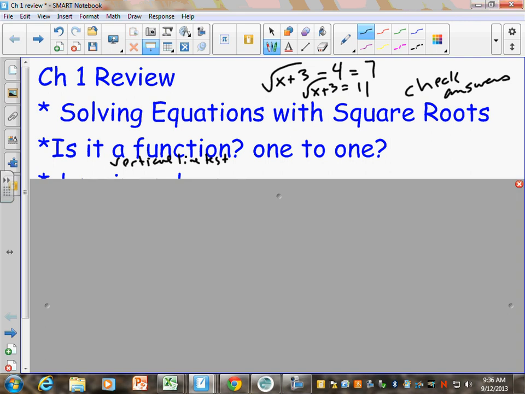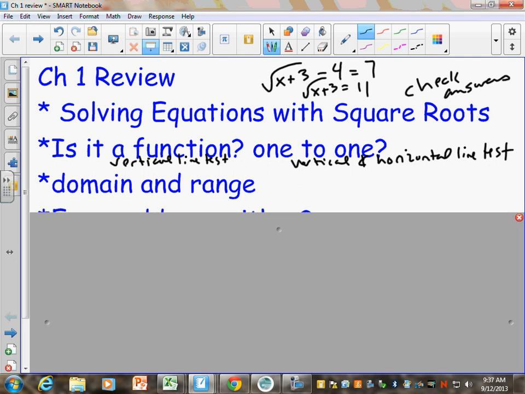That means it passes both the vertical and the horizontal line test, and it means that the inverse is also a function. So I'm just going to put vertical and horizontal line test. And we wrote out the definition of that in our notes in section 1.5. So on the test tomorrow, I will not tell you what one-to-one means. You've got to know.